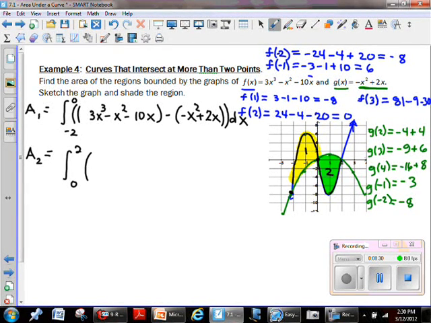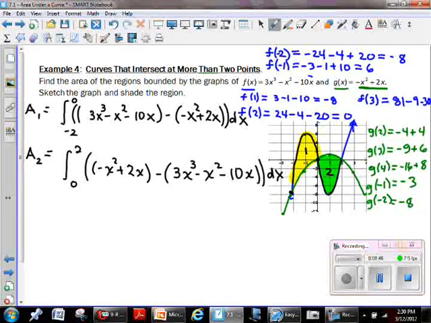And the top curve is now going to be the quadratic function, negative x squared plus 2x. And then I would subtract the cubic, all with respect to x. And it's pretty clear in this problem that if I can find A1 and A2, all I would have to do is add them together.